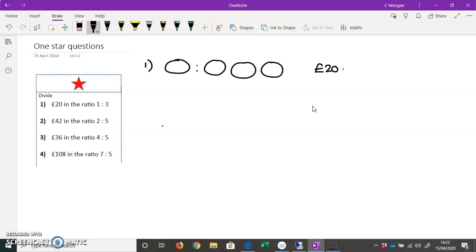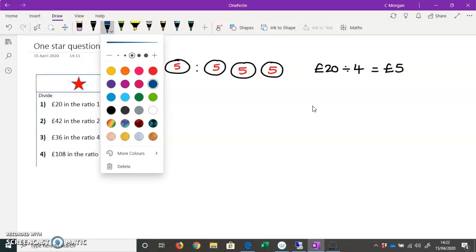So £20 I'm going to divide by 4, and that's worth £5. So I can see now that I can write a £5 in each of those boxes. Now I'm just going to check 5, 10, 15, 20. They all add up to £20.